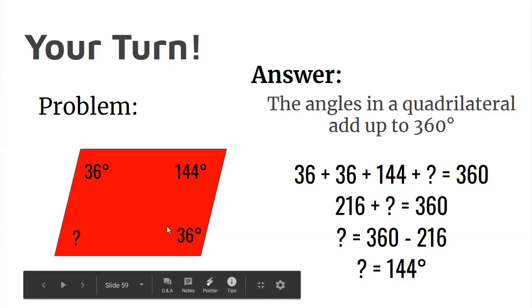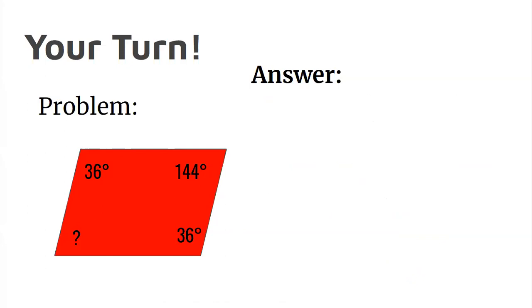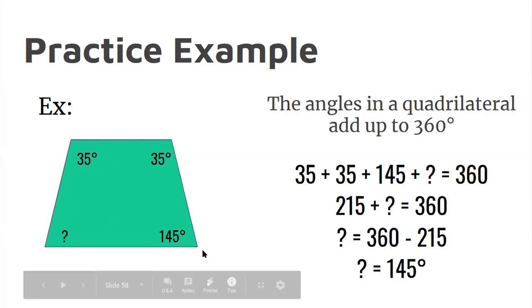Now, you might have noticed this or not, but do you realize that this angle right here and this angle right here are equal? And this angle right here and this angle are equal. A future fact that you might have to learn in 9th or 10th grade is that in parallelograms, the opposite angles are congruent to each other.